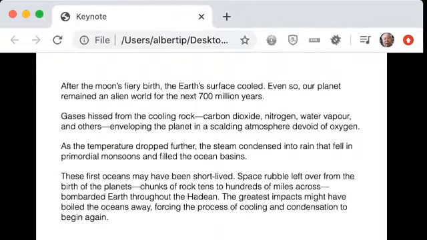But eventually, the Earth's surface continued to drop in temperature because the continental crust formed on the surface, and then the water condensed into lakes, and then became seas, and then oceans, and covered about 70% of our Earth's surface.